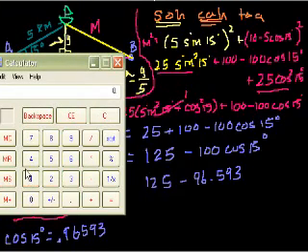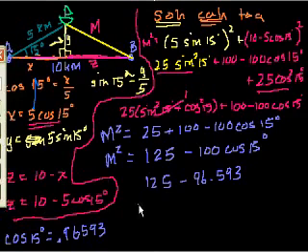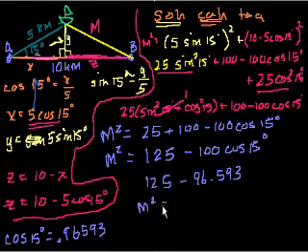So if I say 125 minus 96.593, I get 28.407. So I have m squared is equal to 28.407.